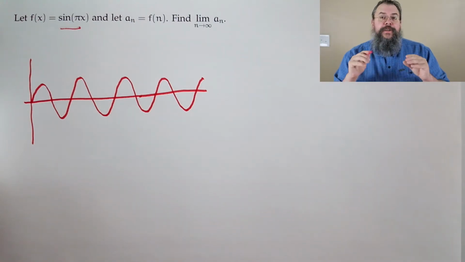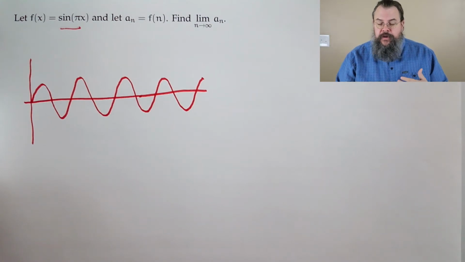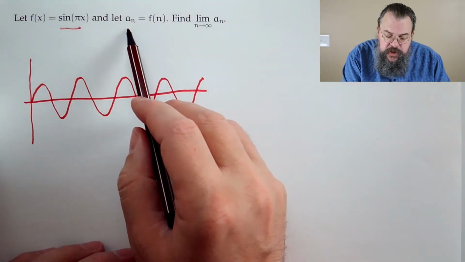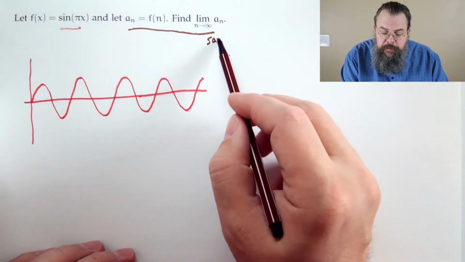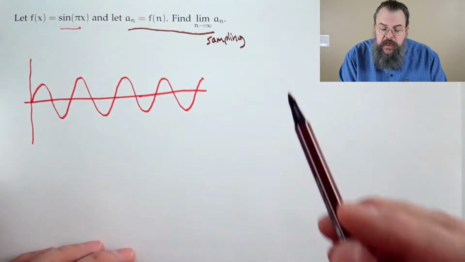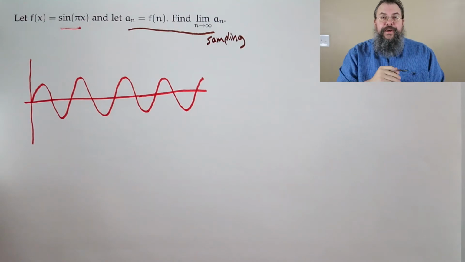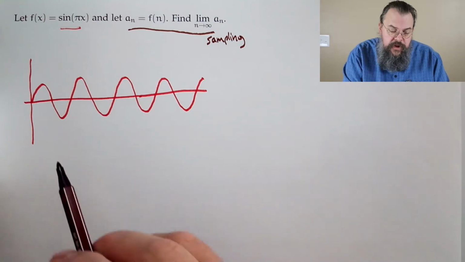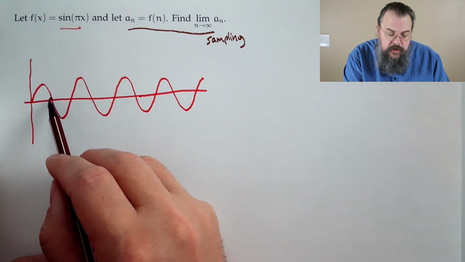But here's the distinction. We don't have to think of our function as being a function of a continuous variable. What's going on here is we're doing some sort of sampling. In other words, we're only looking at the places where we're at the integer values. 1, 2, 3. And the gaps in between, we don't worry about. So what happens? Well, sine of pi, that would be when we plug in 1, is 0.